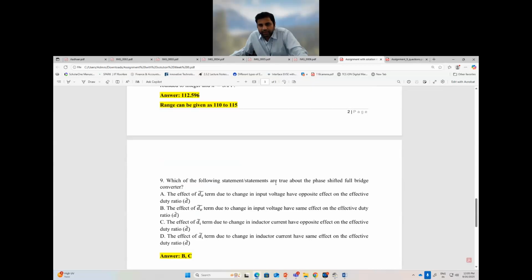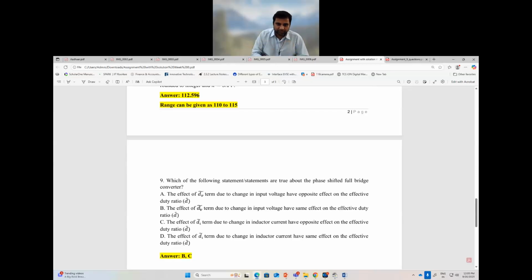In question number 9, which of the following statements is true? We have already discussed in the class that with the change in the input voltage, there will be a term corresponding to that change, which is dV tilde, and this dV tilde has the same kind of effect as the input voltage effect.